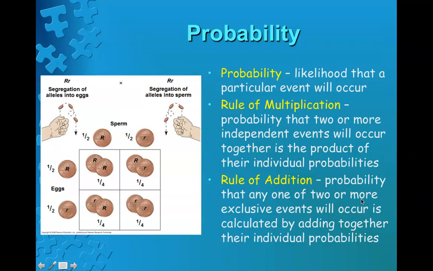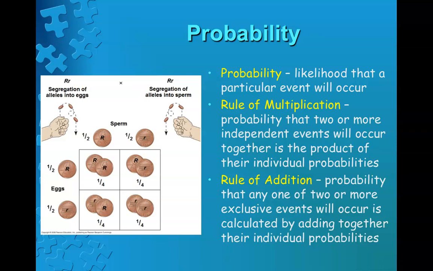Now, we can do Punnett squares for monohybrid crosses and dihybrid crosses. Once we start needing to deal with more than 2 alleles, it really starts to get complex to try and make a traditional Punnett square out of that. And so there are mathematical ways that I can do this without having to draw those boxes all the time.